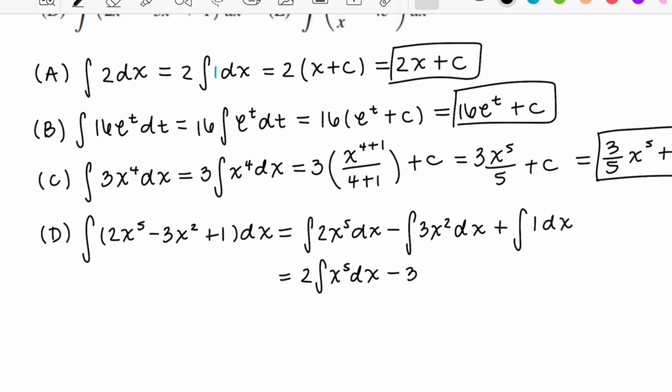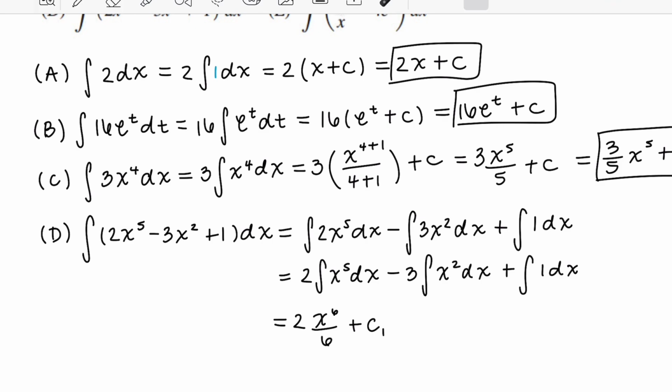And we'll do the same thing for this term here. So this 2 stays out front, and remember, this is going to be x to the power 5 plus 1 over 5 plus 1. So x to the 6 over 6. And this will be plus what I'm going to call c1.